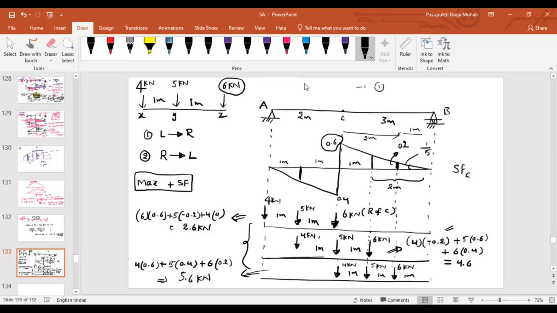Right. Now tell me, why in case 3 do we have the maximum value, and in case 1 why do we have the negative value? Sir, in the third case, all 3 loads are under the positive side, sir. Okay. And in the first case?